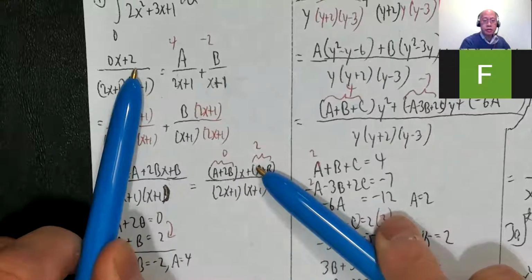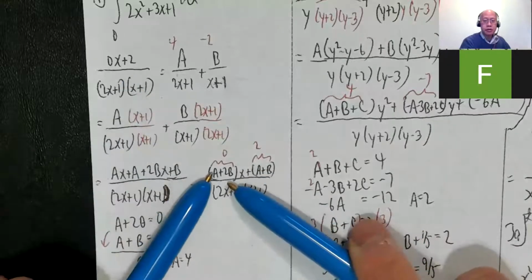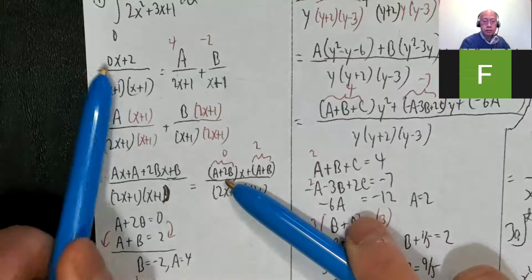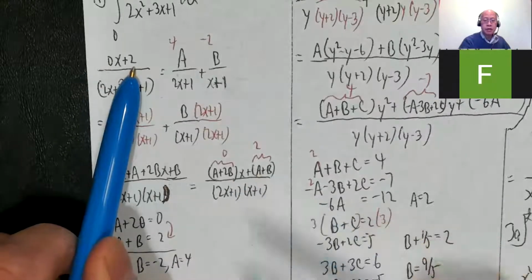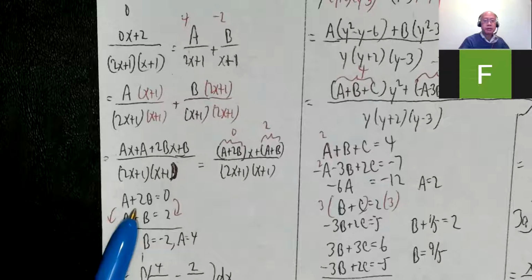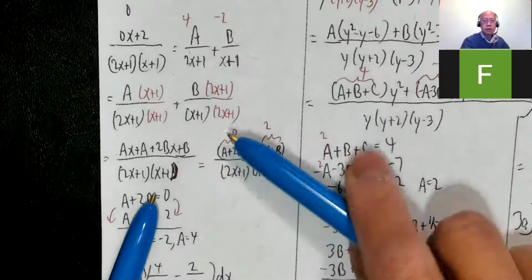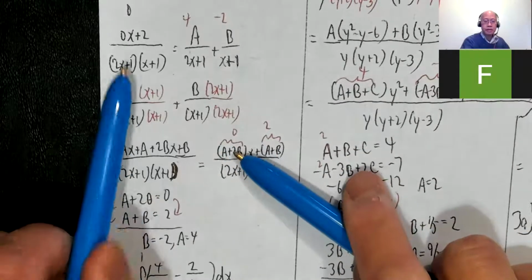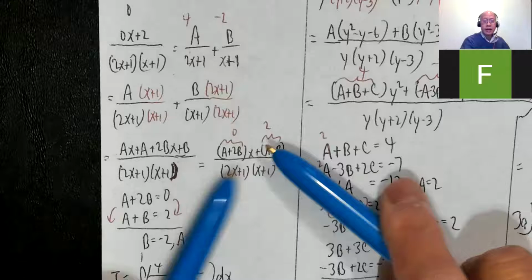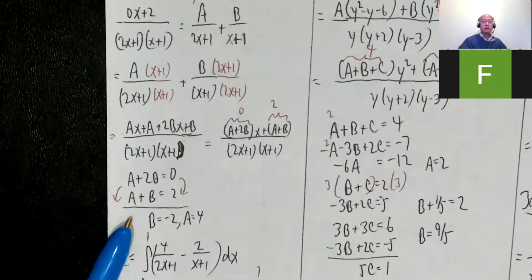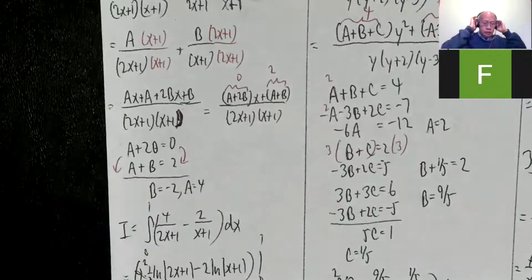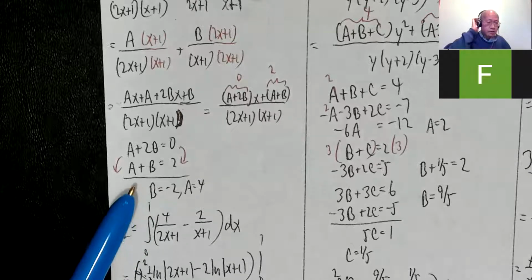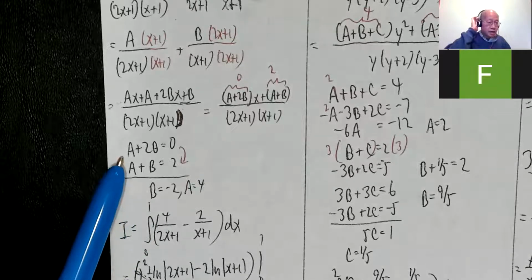So here are my 2 equations and 2 unknowns. A plus 2B better be 0 from right here. A plus B better be 2. So here we are. A plus 2B equals 0, this coefficient of x has to be 0, and A plus B has to be 2. The easiest way to do this is to subtract.